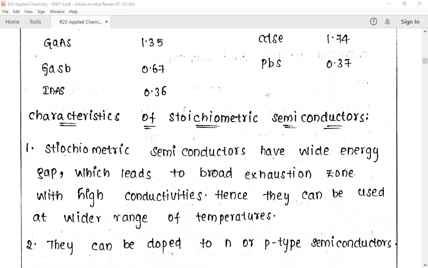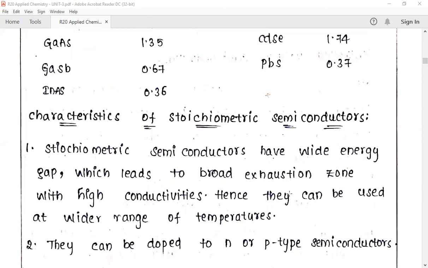Coming to the characteristics of the semiconductor. Stoichiometric semiconductors have a wide energy gap, which leads to a broad exhaustion zone with high conductivity. Hence, they can be used over a wider range of temperature.